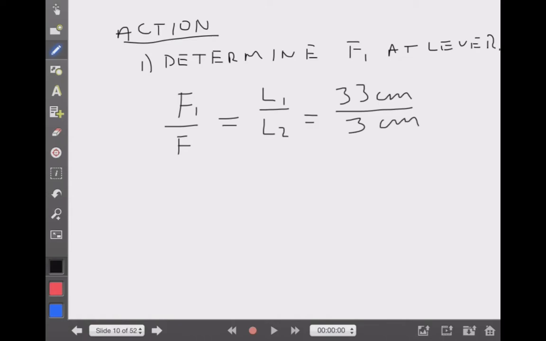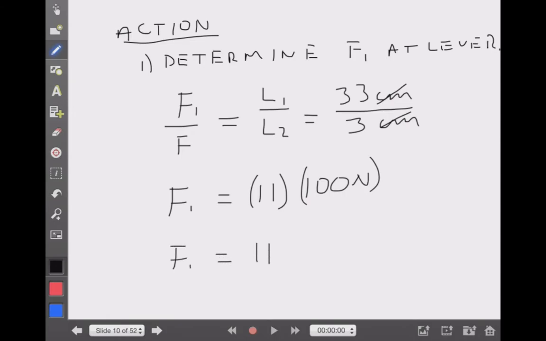So we can solve for F1. These units cancel and we're left with 11. So that jack handle gives us an 11 times mechanical advantage, and we know that F is 100 newtons. So now we know that F1 equals 1100 newtons. So we get a factor of 11 out of that.